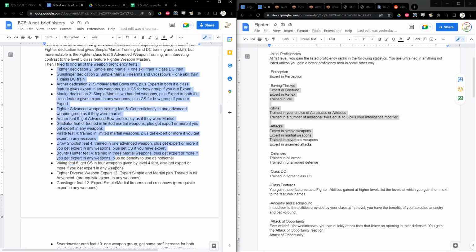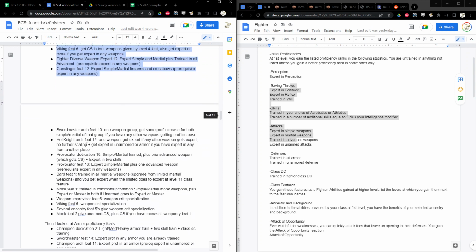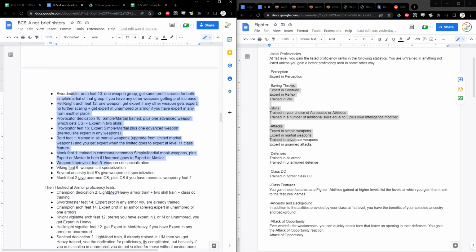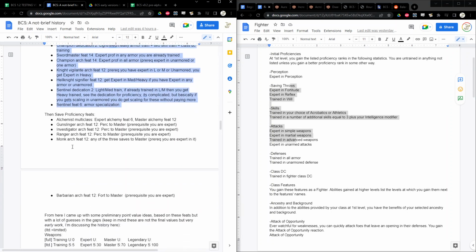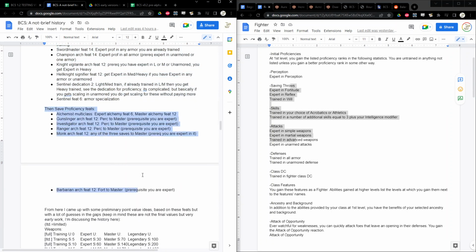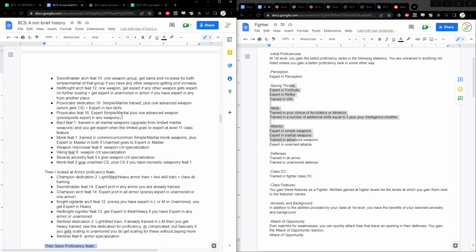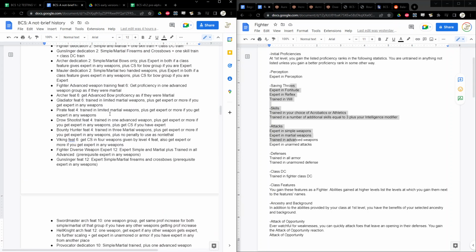So here you have weapon proficiency feats, and then you have armor proficiency feats. And then right here you have save proficiency feats. And this was really the key, because the weapon proficiency feats are a little bit all over the place.